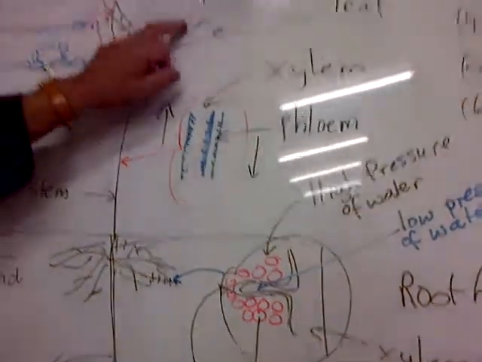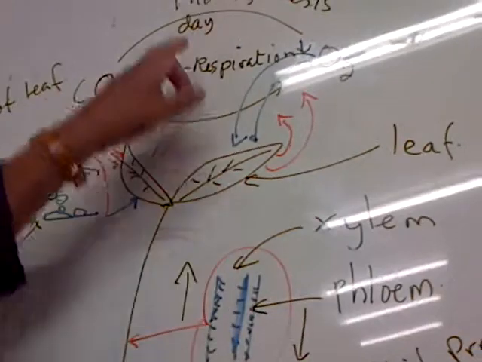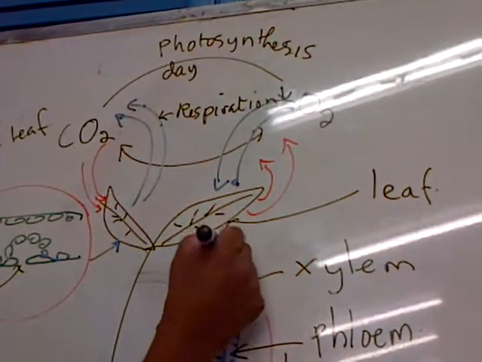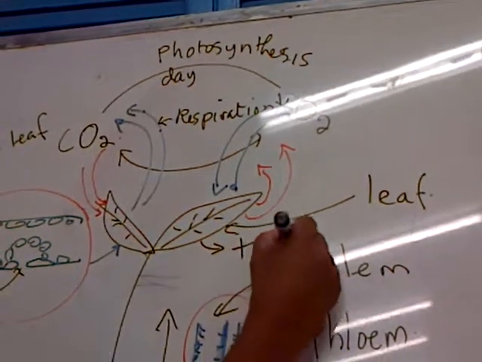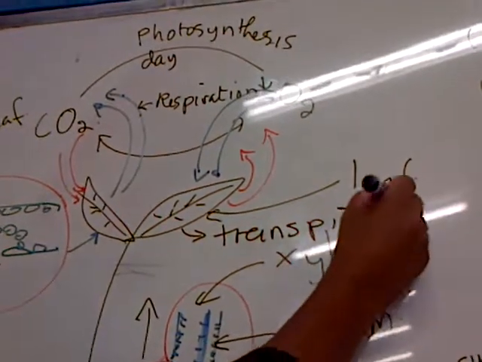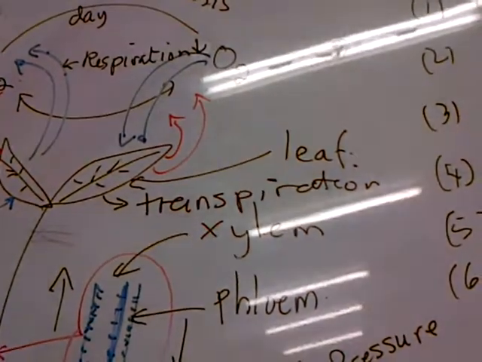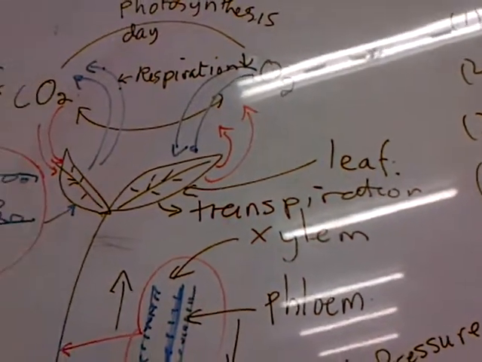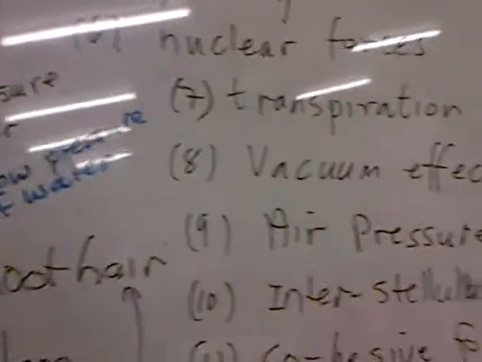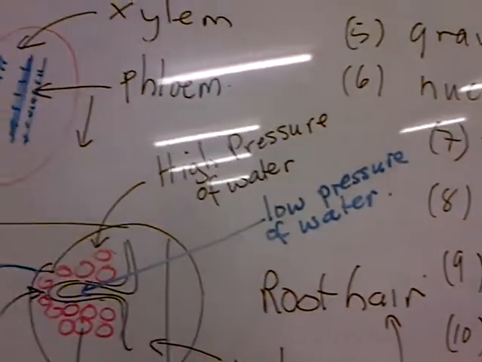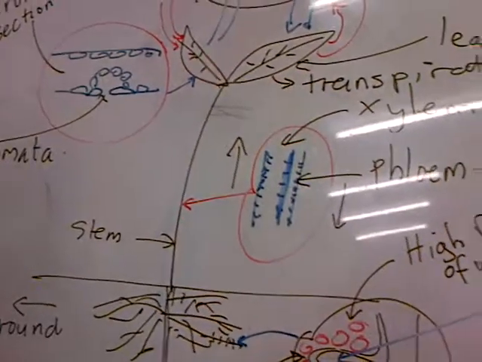The gap is created because the water comes off here. The water gets pushed out under the leaf, which is called transpiration. And why does the water go out by the leaf? Because there is a high concentration of water inside the leaf and a low concentration of water in the air, and so the water wants to move out of the leaf into the air.